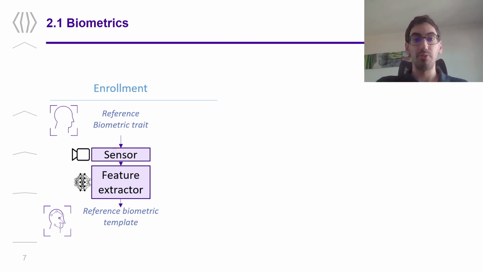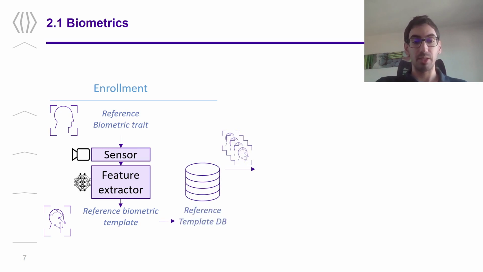We then perform the mapping towards a vector, a template, using a feature extractor that is generally, at least in the state of the art, based on deep learning. Obtaining the reference biometric template or templates, depending on the number of faces, we would be storing all of them in a database alongside the identities of the people they belong to. And with this, we can close the enrollment.